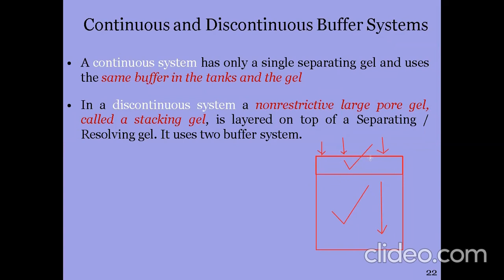The upper part will be known as the stacking gel and the other part will be known as the resolving gel. The stacking gel will have a large pore size and the resolving gel has a smaller pore size, and this will restrict the movement more than the other one. This one is for the loading purpose and this one is for the resolving purpose. That is why we call it the stacking gel and the resolving gel. Did you understand this part?